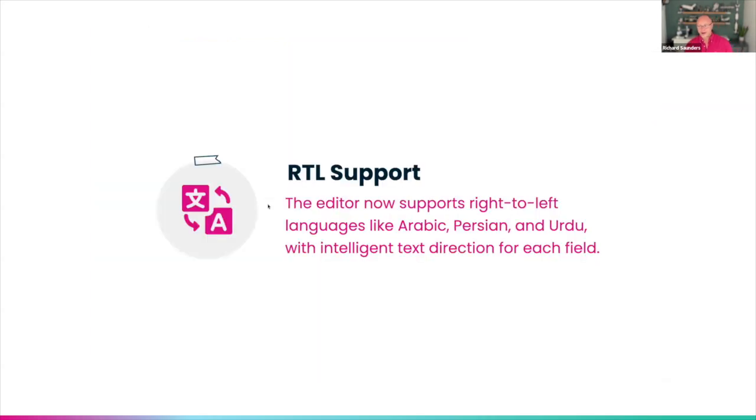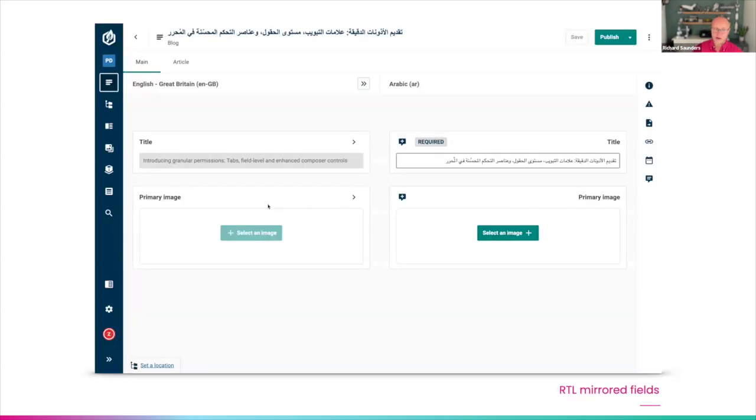I gave you a very quick highlight within the translate screen that we now fully support right to left support for languages like Arabic, Persian and Urdu. So now when you're in something like an Arabic entry, again, a blog post, you'll see that the split view on the right hand side, all of the fields have been mirrored.